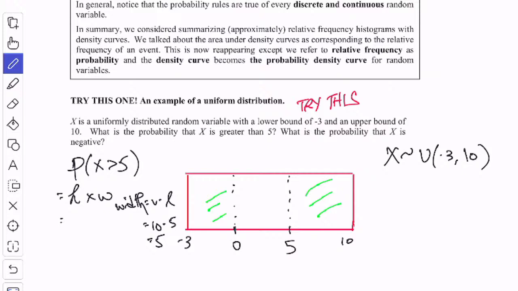Okay, so then height we've got to find. In general, area is equal to height times width. So I want the height, but I want the area of the whole thing times the width of the whole thing. So what's the width for the whole thing? The whole box is upper minus lower, which is 10 minus -3, be careful, and that's 13.